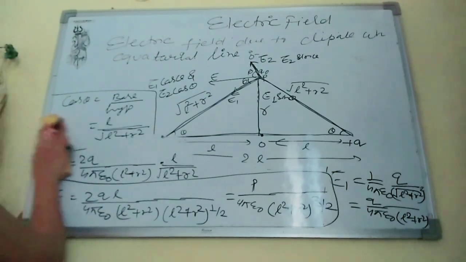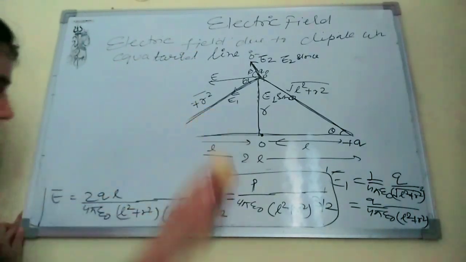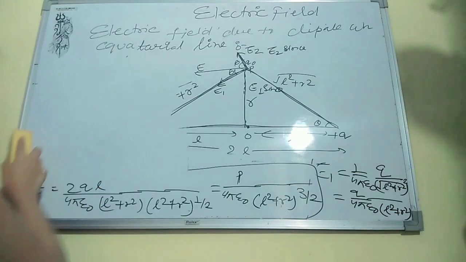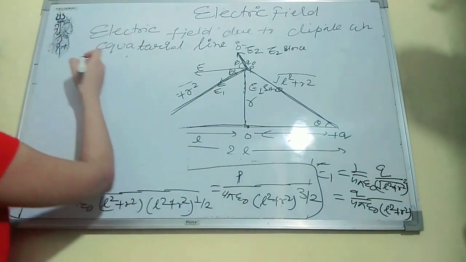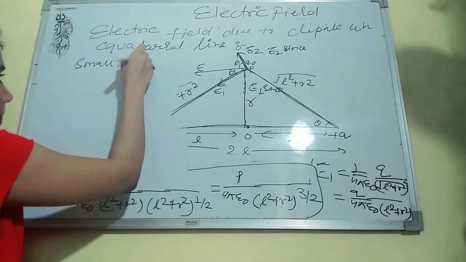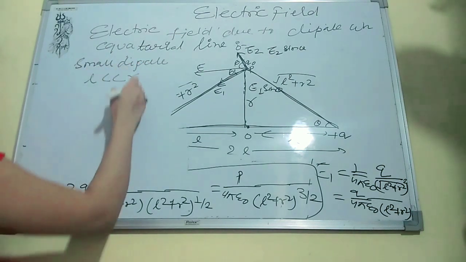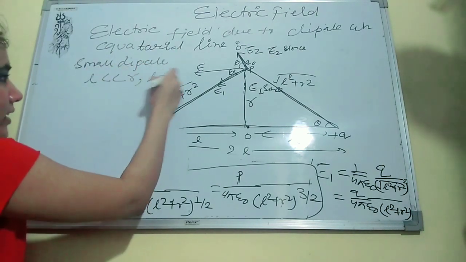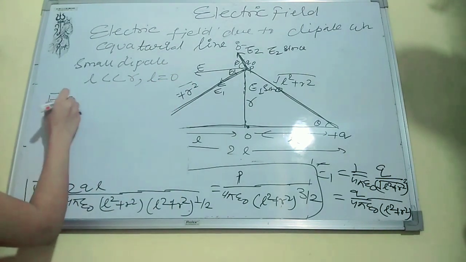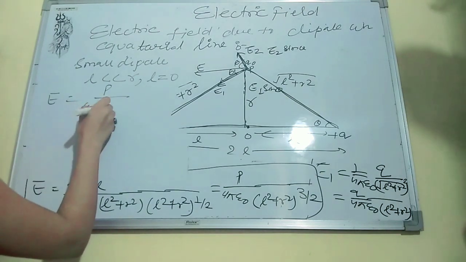Now the condition is, for a small dipole, L will become very small compared to R, so L will get neglected, so we simply consider it 0. We will put the value, that will be P upon 4 pi epsilon naught.